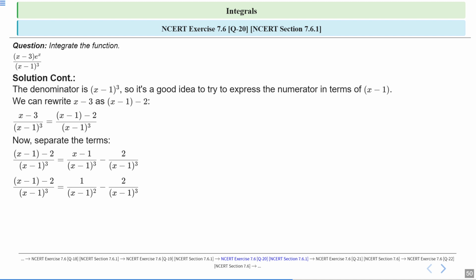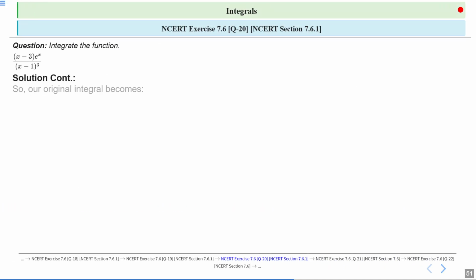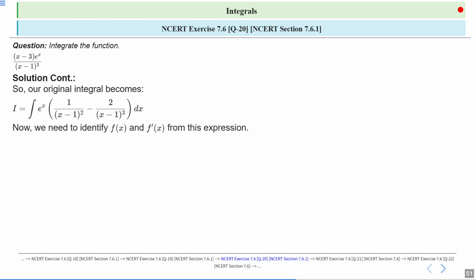Now we have to identify f(x) and f'(x). So our original integral becomes e^x into 1 by x minus 1 whole square minus 2 by x minus 1 whole cube into dx.